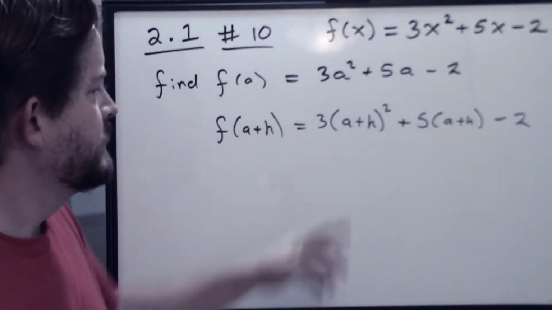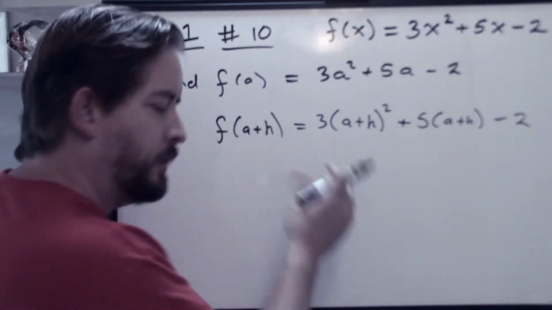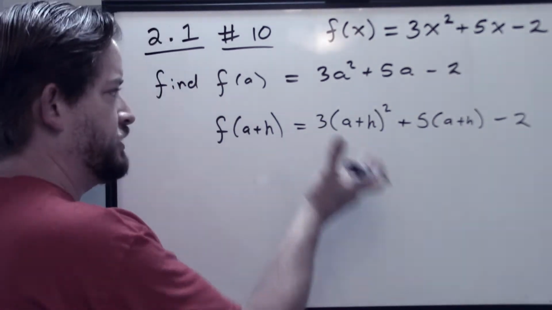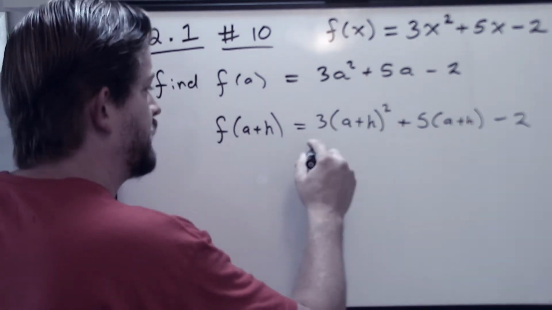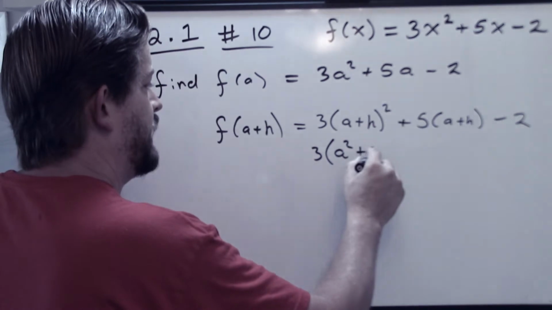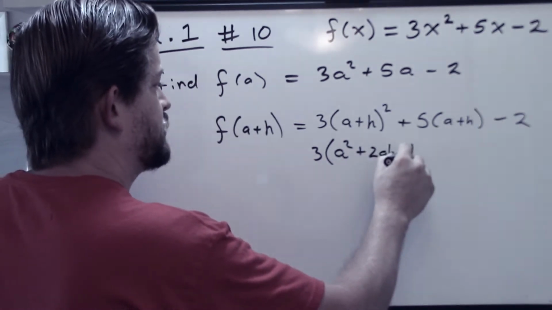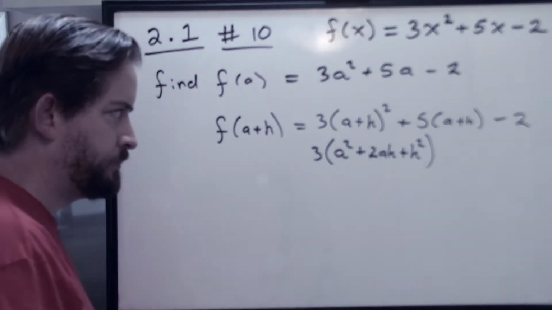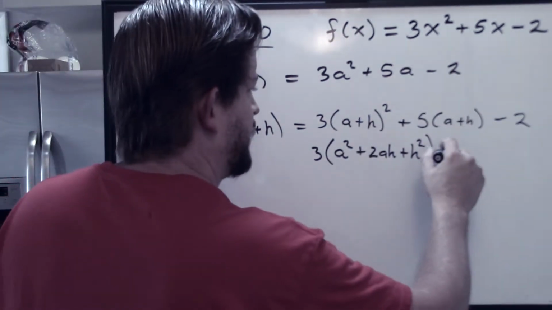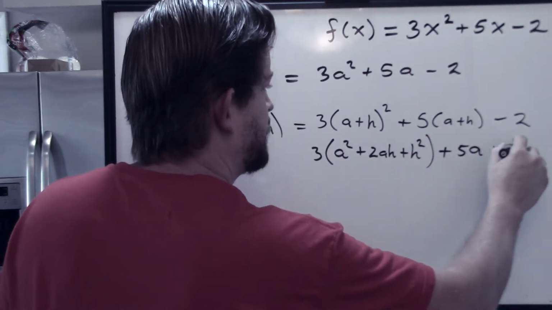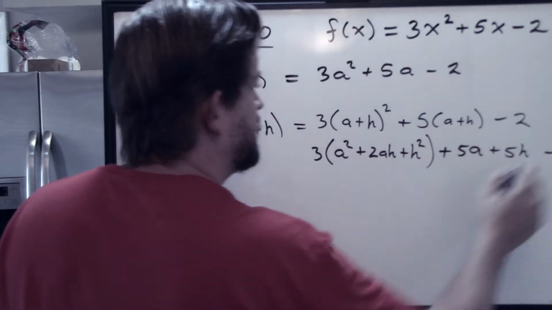So take this a plus h and square it. I won't show the work here. Do this on your own or on a piece of paper if you can't just jump from here to what I'm going to write. But this becomes a squared plus 2ah plus h squared when I square a plus h, right? And I can distribute, so I have plus 5a plus 5h, and then still this minus 2.